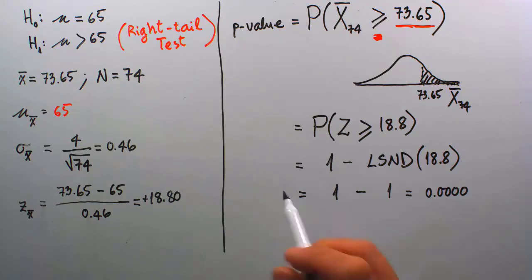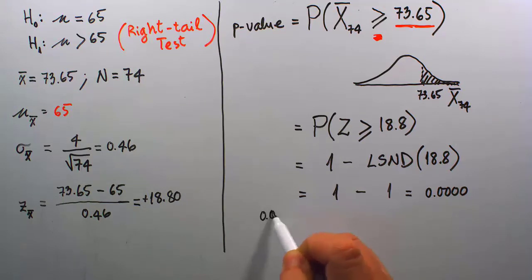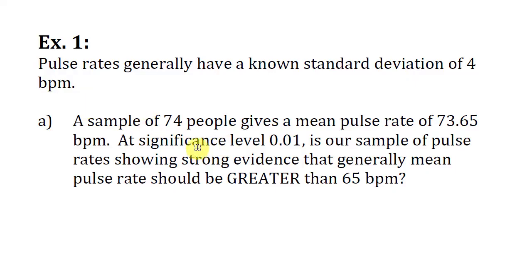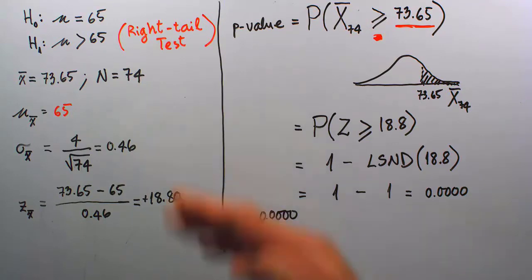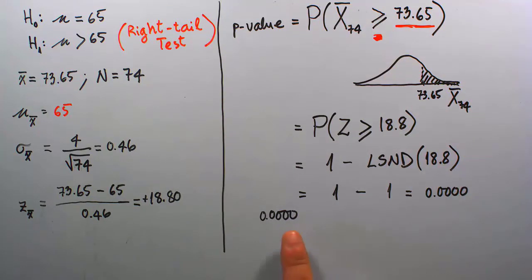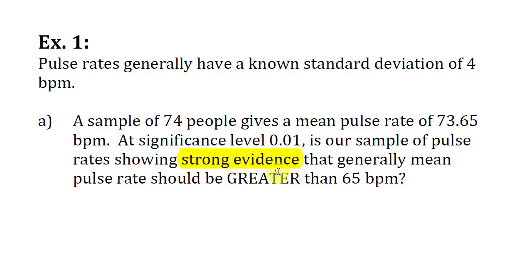But now, once we have found the p-value for our sample, one more time, let's look back at our question of the problem. The question is ultimately asking, is our sample of pose rates showing strong evidence? So what matters for us at this point, because so far p-value is only a calculation and we've been doing steps and steps of calculation, is how we can go from this p-value to decide whether or not our sample can be used as strong evidence.